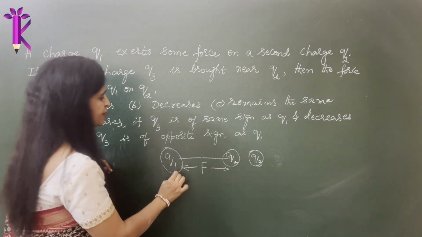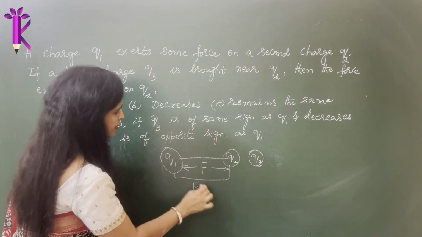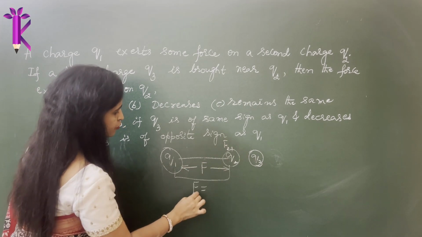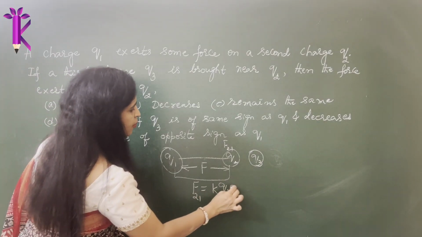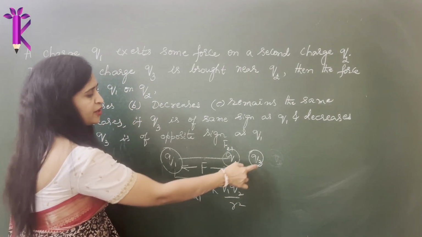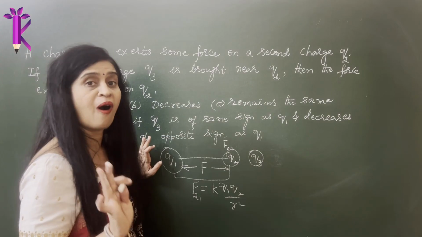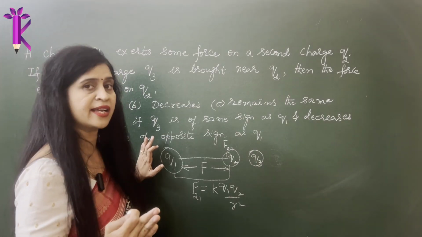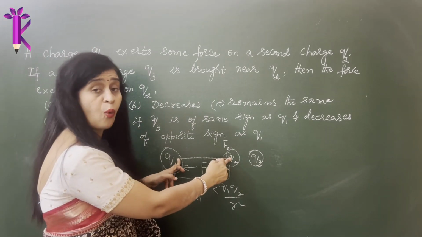So what is the force between any two charges given by? The force between any two charges, the force on 2 due to 1, is simply given by K into Q1 Q2 divided by R square, right? Does it depend on Q3 at all? No, it does not depend on the third charge at all, because the Coulombic law expression is very clear. It only depends upon the two charges involved.